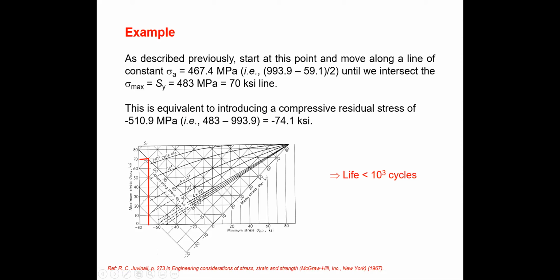Okay, so you will get below 10 to the power 3 cycles. So the lifetime is very low. If you use a very high stress loading pattern, with very high values, you have a low number of cycles to fail.